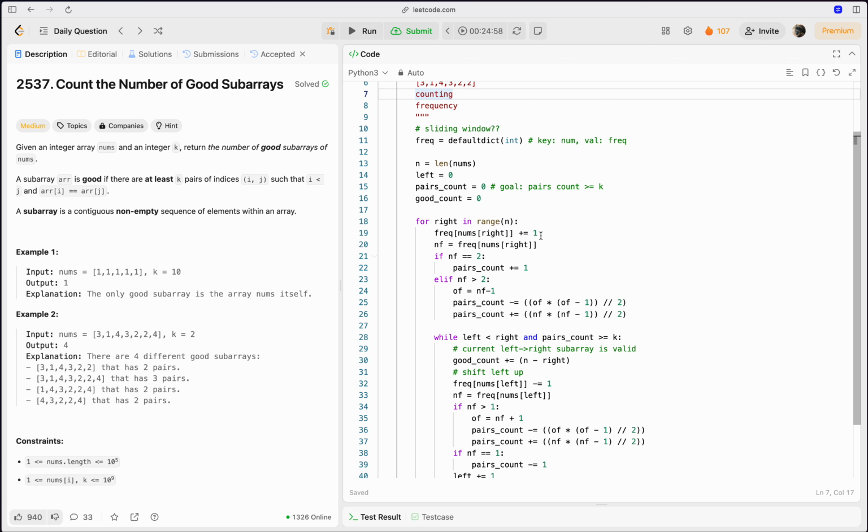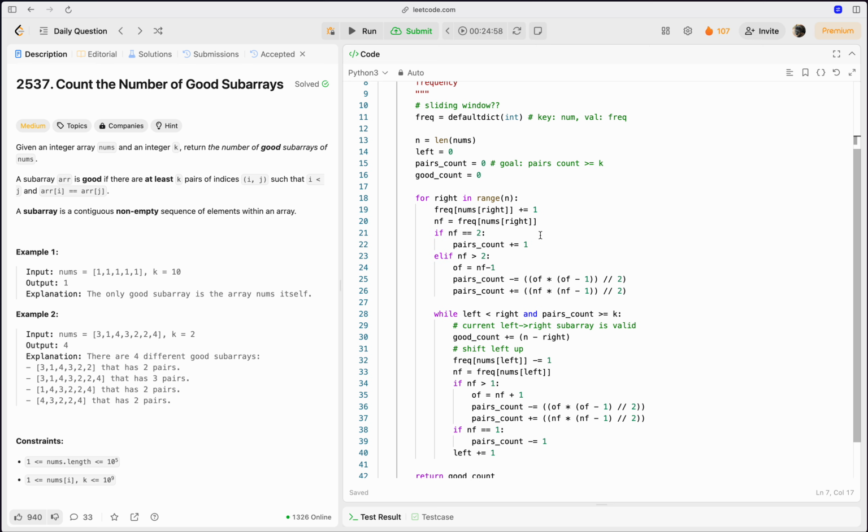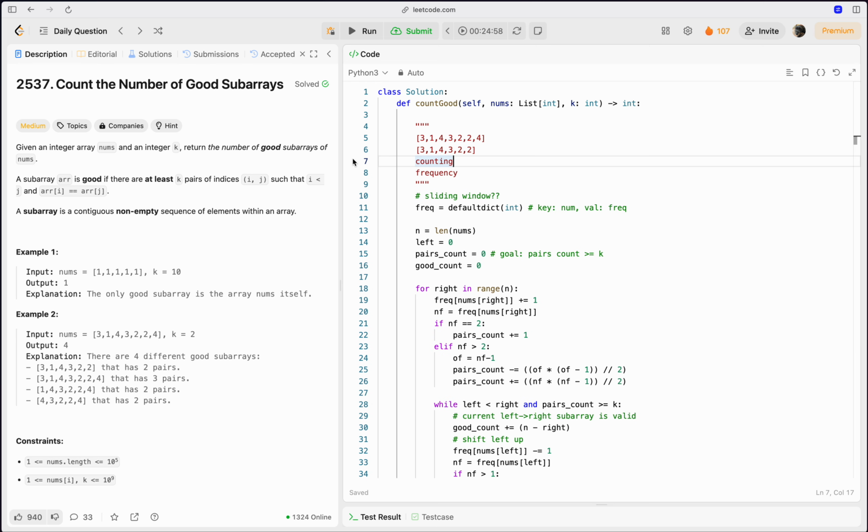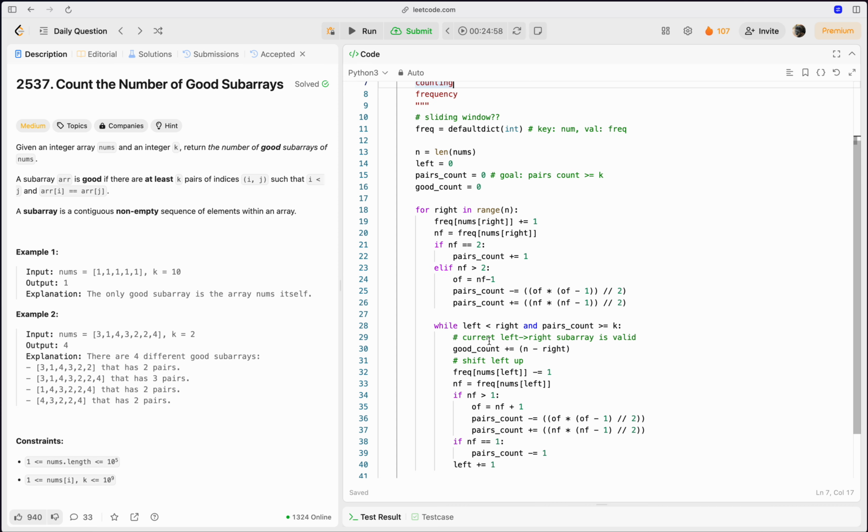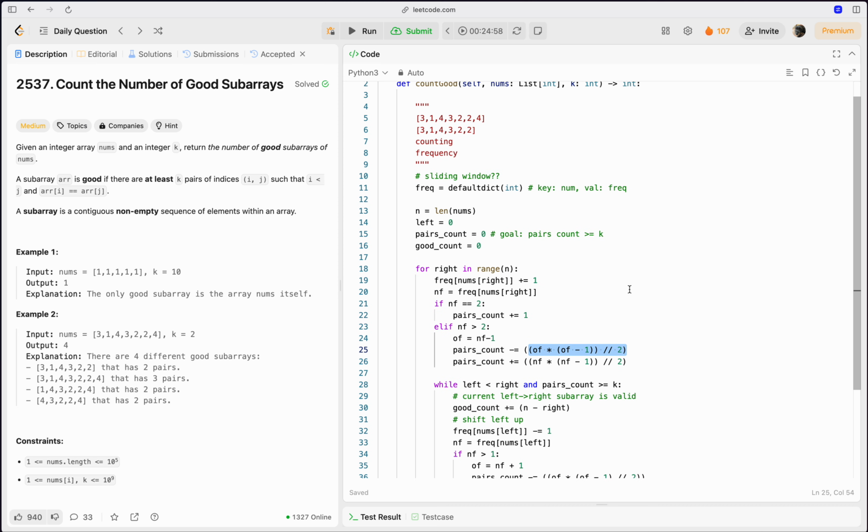But going back to this problem, I thought this was quite tricky. There are some things that we need to realize, like that whole formula. I didn't really think to do a formula initially, right? Because initially I was just saying, if we run into a new pair, maybe we just add the number of pairs.